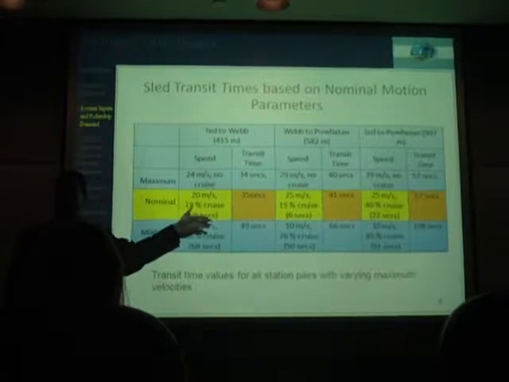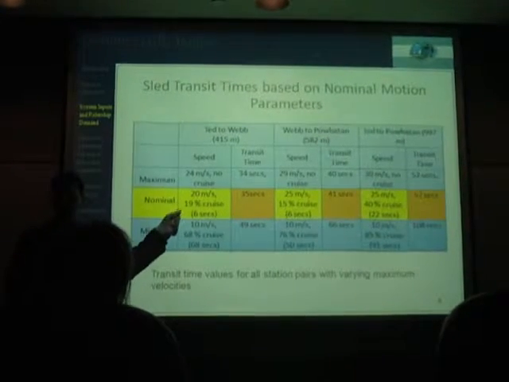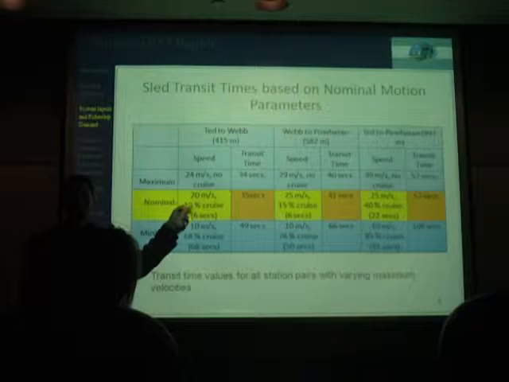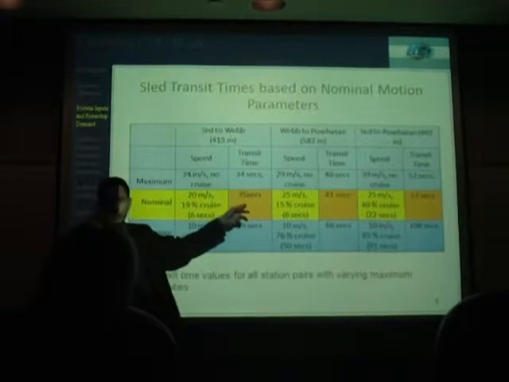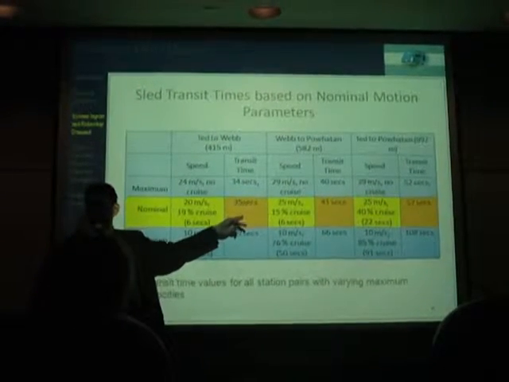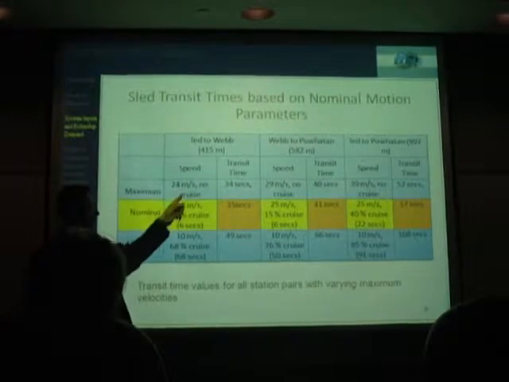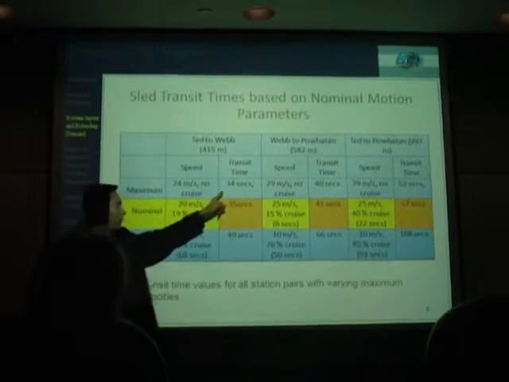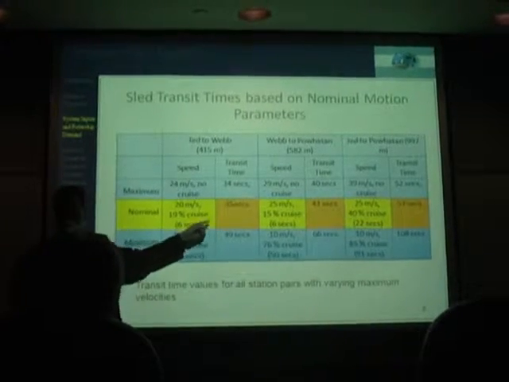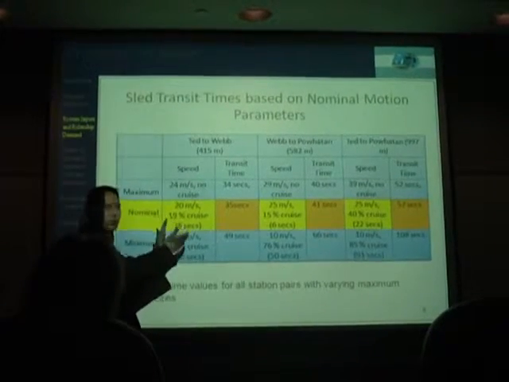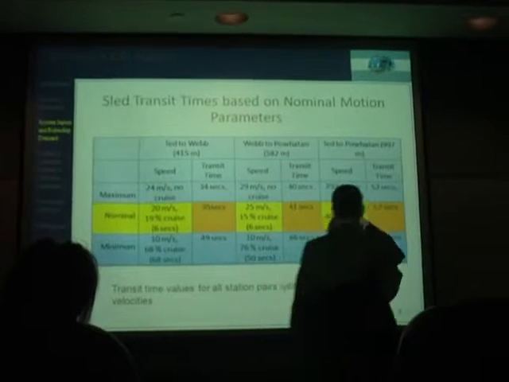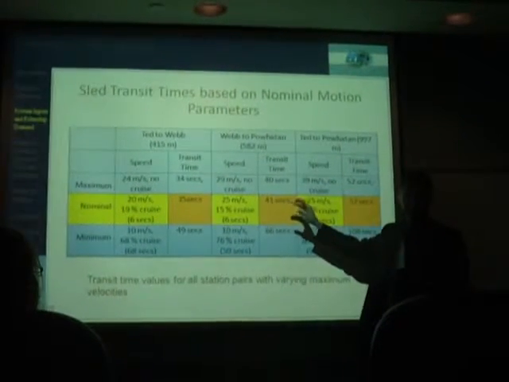The nominal speed that I chose allows some cruise speed but doesn't sacrifice the transit time. Notice the difference between traveling at 24 meters per second and 20 meters per second: you only have 1 second difference. So that is basically the method I use to obtain these nominal values.